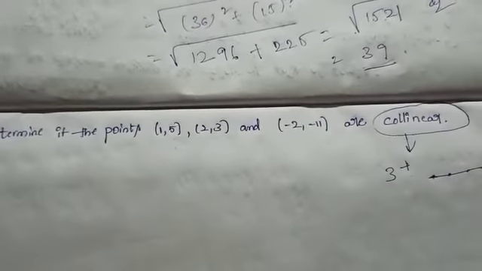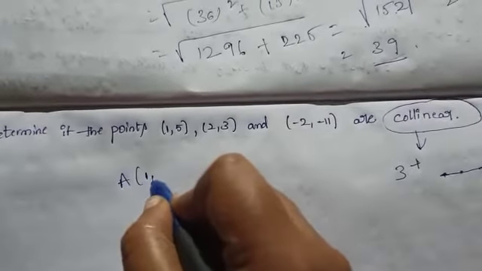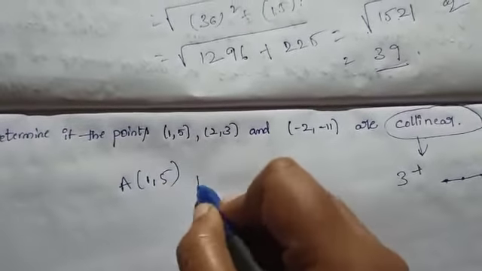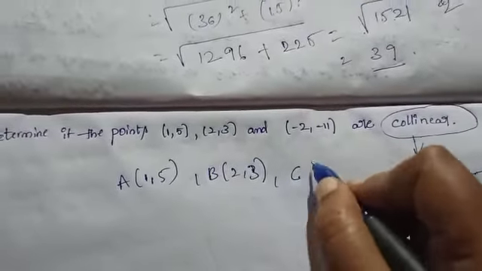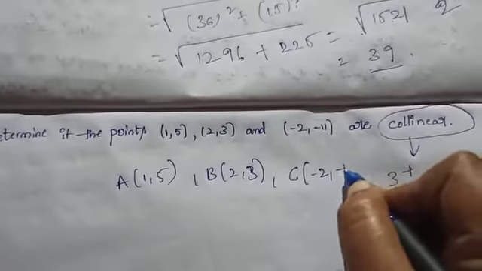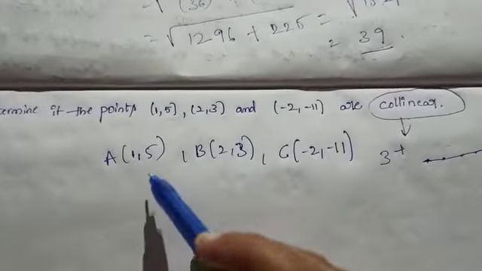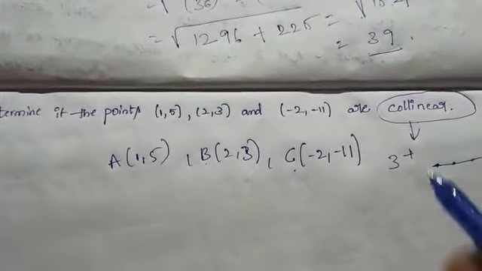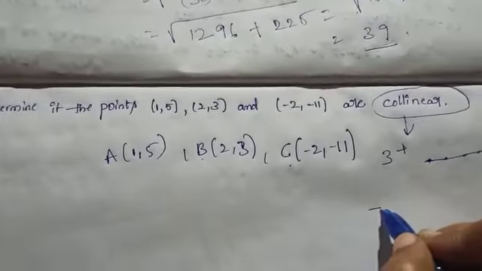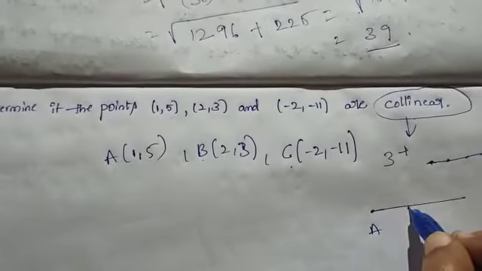Here the given points are: let A (1, 5), B (2, 3), C (-2, -11). We check if A, B, C are collinear, so these three points lie on the same line.